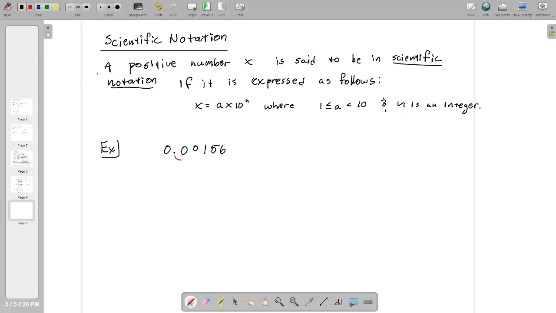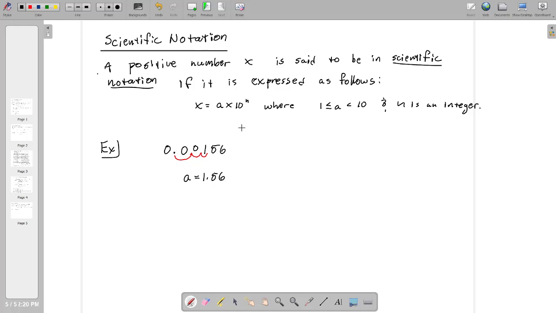Here, we need to move the decimal 3 spots. So our n is actually going to have the value 3. And our a is going to be 1.56. Because now we just need to multiply by 10 a few times, or 1/10, depending on the exponent of 10, to get back to this.